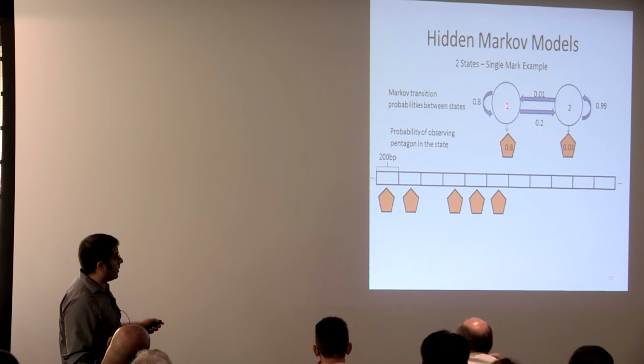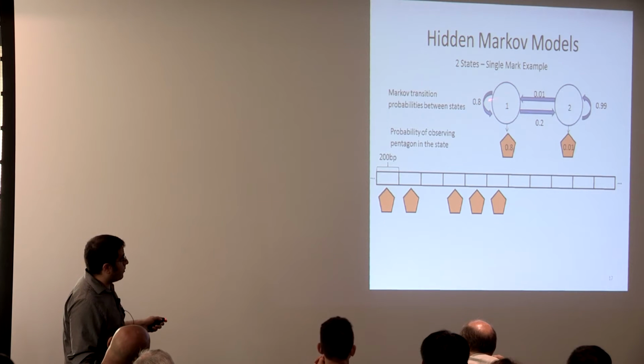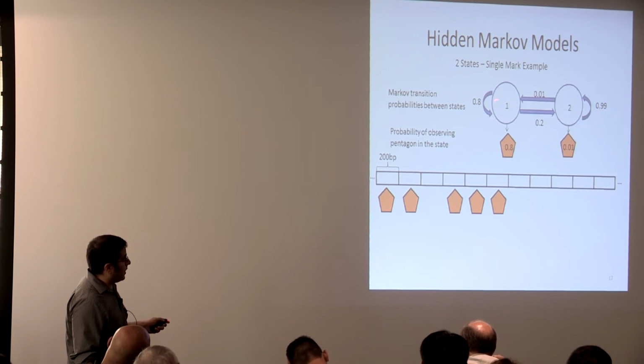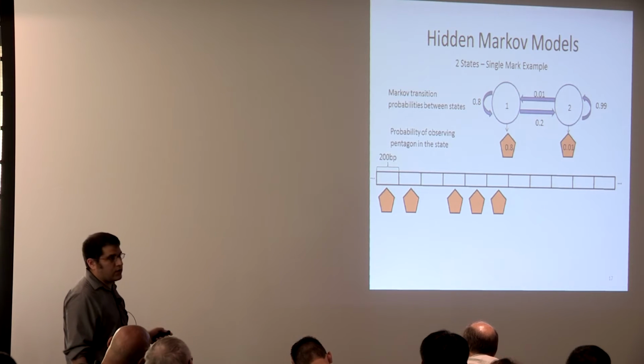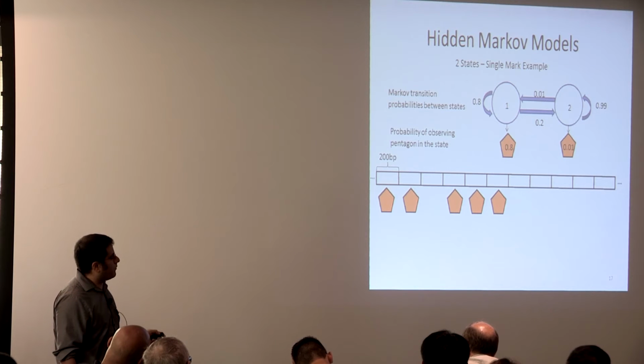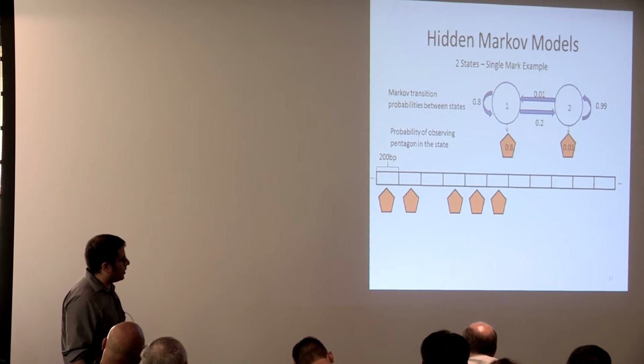So once you're in state 1, in this case, we have a probability of 0.8 of staying in state 1, and a probability of 0.2 of transitioning to state 2. While if we're in state 2, we would have probability 0.99 of staying in state 2, and probability 0.01 of transitioning back to state 1.